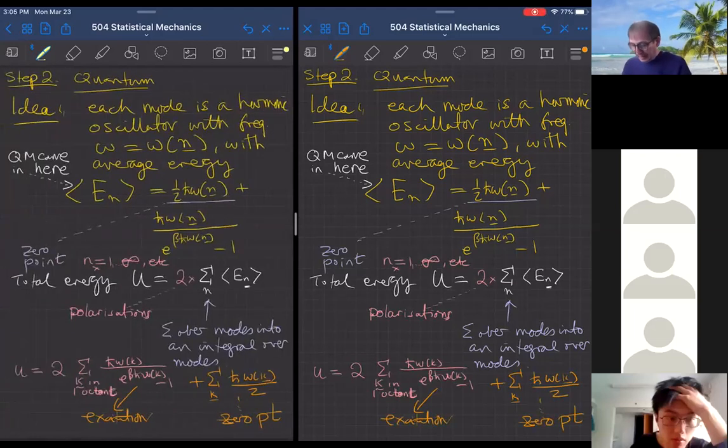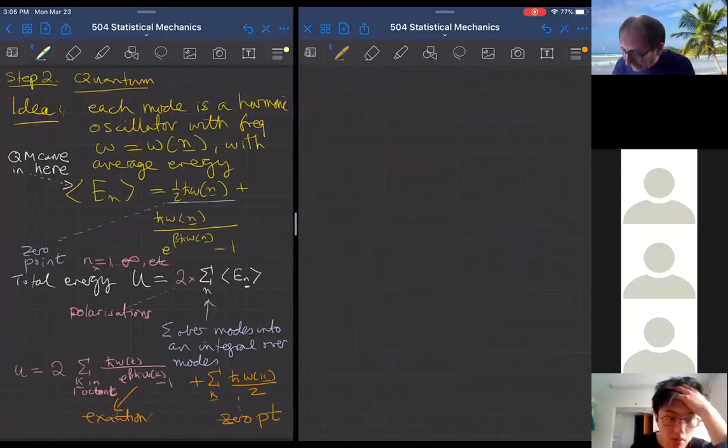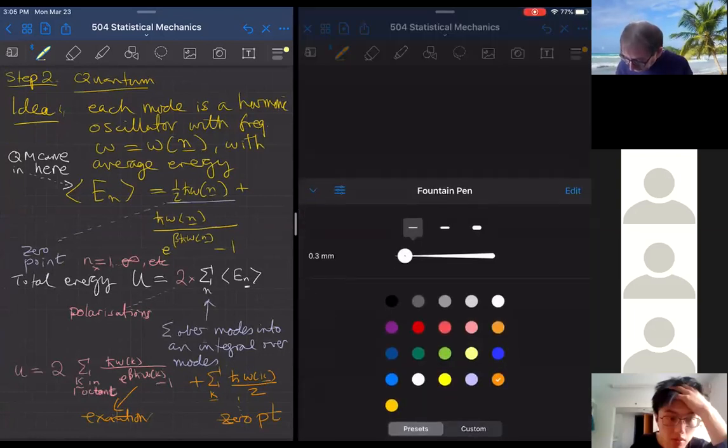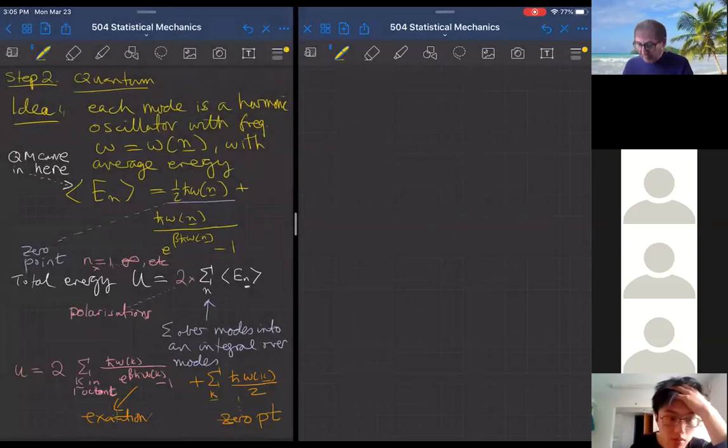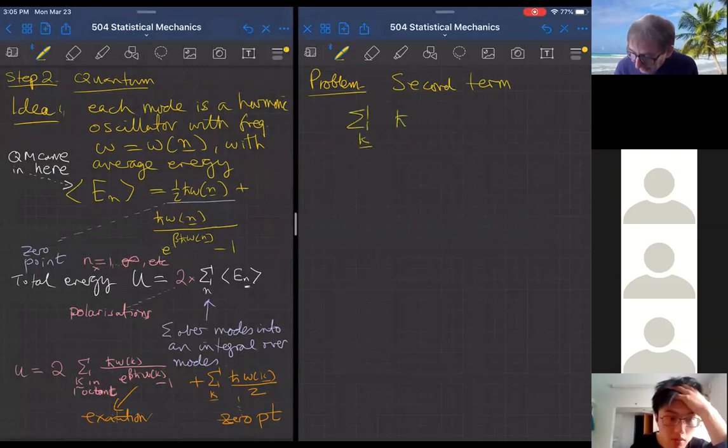Okay, so the problem is this. There's a problem, and the problem is that the second term is the sum over k of h bar omega of k over 2, and omega of k is equal to the speed of light times the absolute value of k.